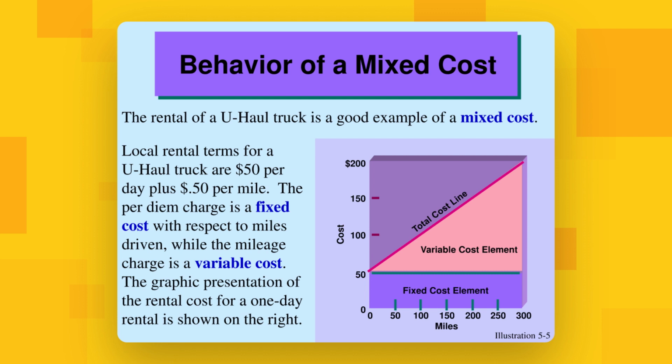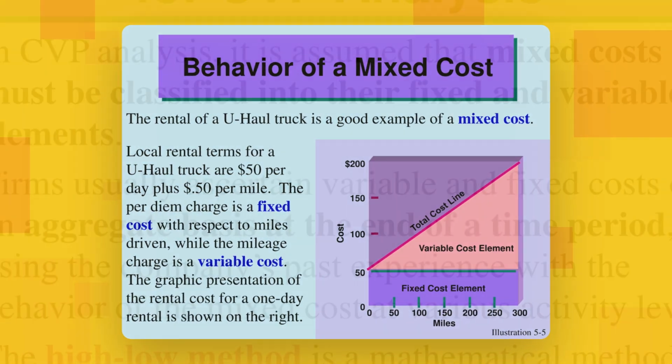So it is for 1 day rental shown on the right. If you notice this total cost line, and the variable cost will go up, while fixed cost naman is straight. So that's the meaning of your total variable cost. At the same time, you have your variable cost per unit and your fixed cost total.